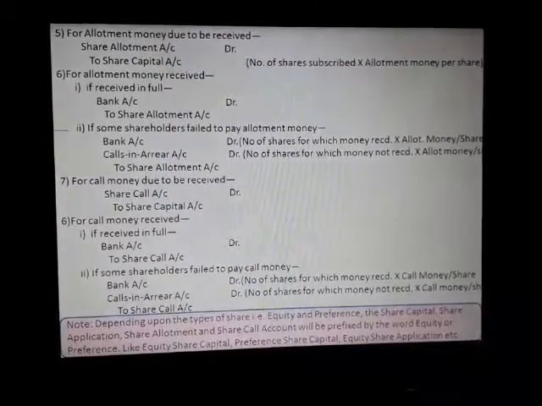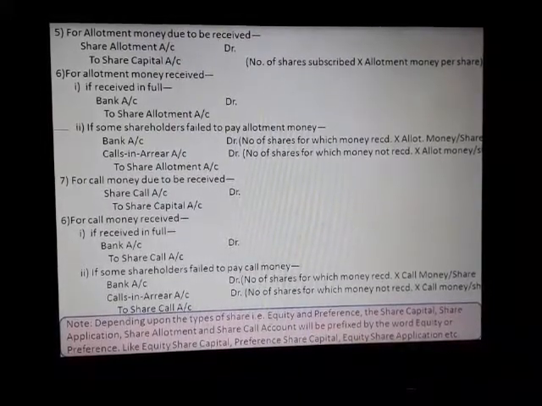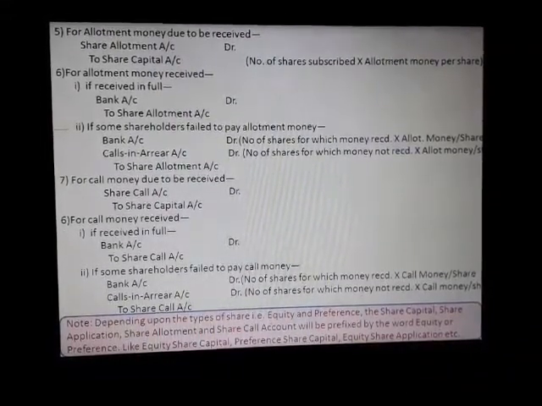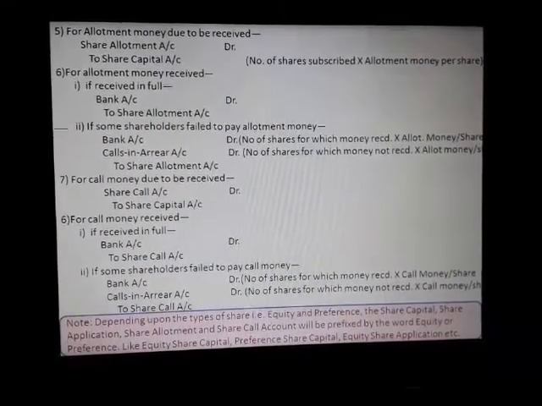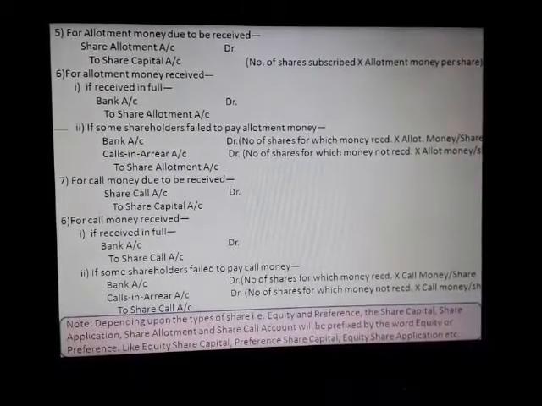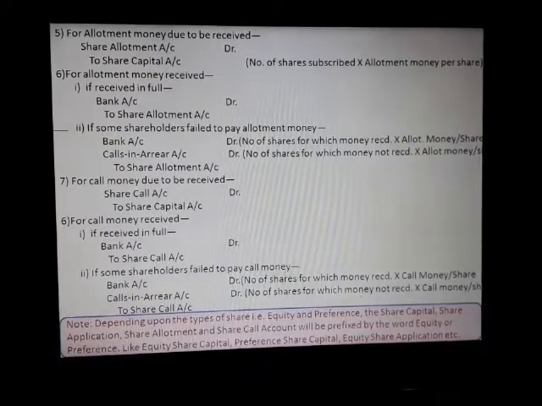For allotment money due to be received, it is required to be remembered that the application money should be paid by the applicants while they are applying to the company. But from the next installment onwards, in respect of allotment and call, the company shall place their demand to the shareholders to pay the allotment money or the call money.